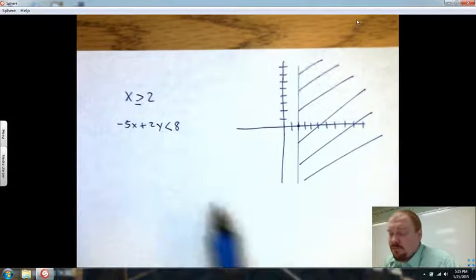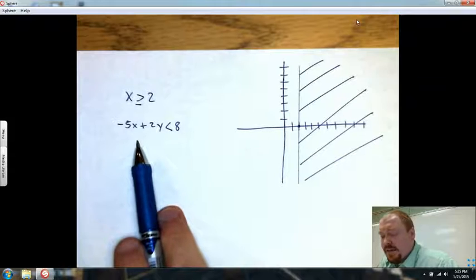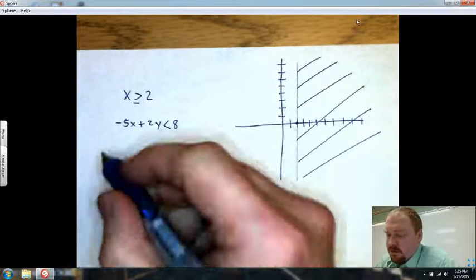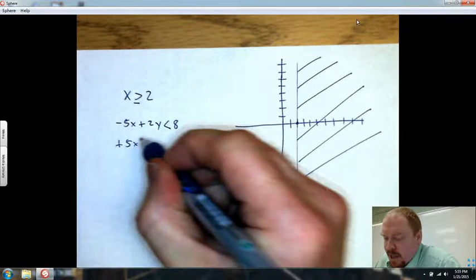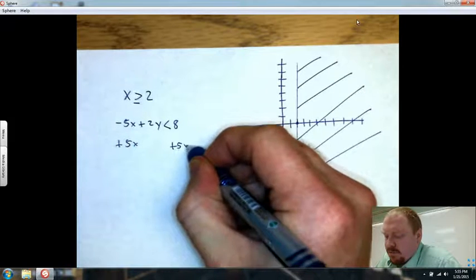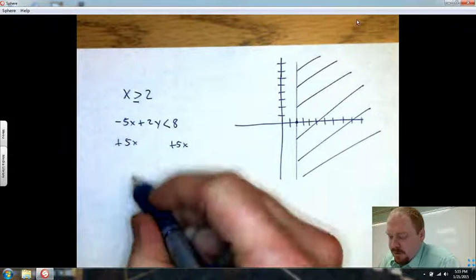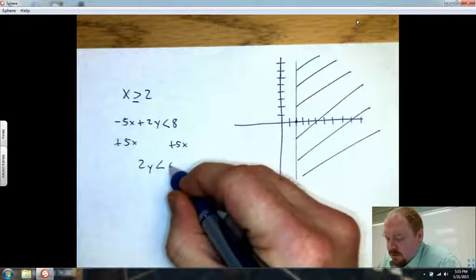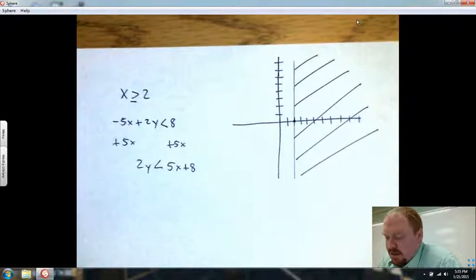For the second inequality, it's not in slope-intercept form. So I'm going to get it that way. I'm going to add 5x to both sides. So 5x plus 8. I know it's plus because that's a positive 8.